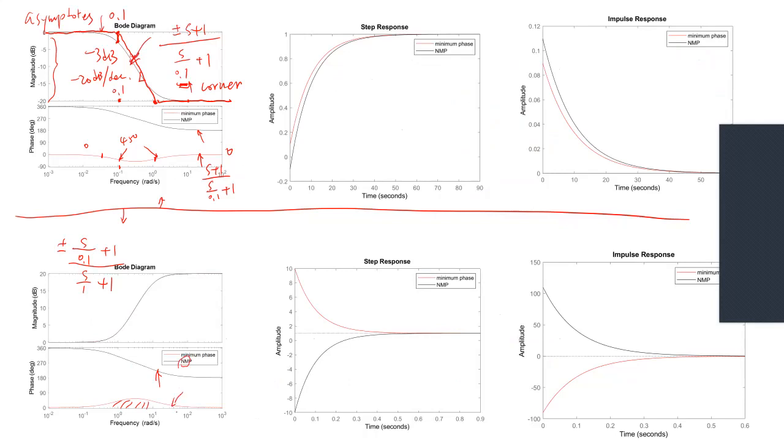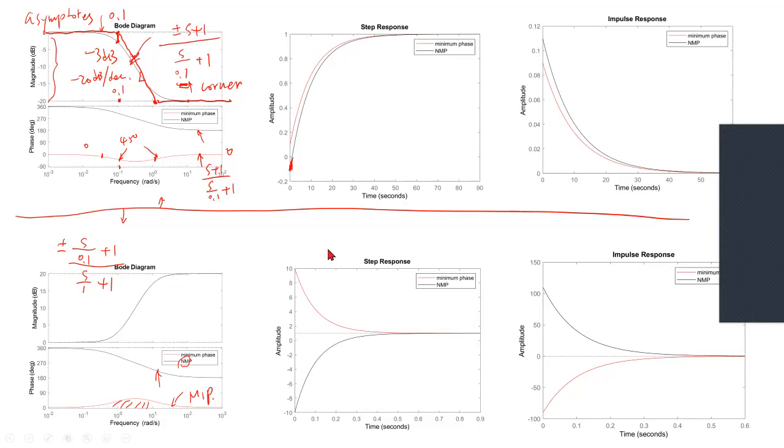So this is minimum phase, and that is non-minimum phase. Then I do a step response, an impulse response. You can see there's some movement in the negative direction first, okay? So minimum phase and non-minimum phase do have very different behavior in the time domain as well as in the frequency domain.